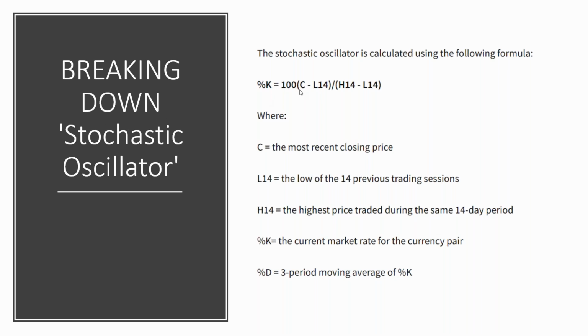Whenever we modify it, we simply change it so the K line is equal to 100 times C minus, in our little presentation, L8, which would be the low of the 8 previous trading sessions, then we divide it by the high of the 8 previous trading sessions minus the low of the 8 previous trading sessions.